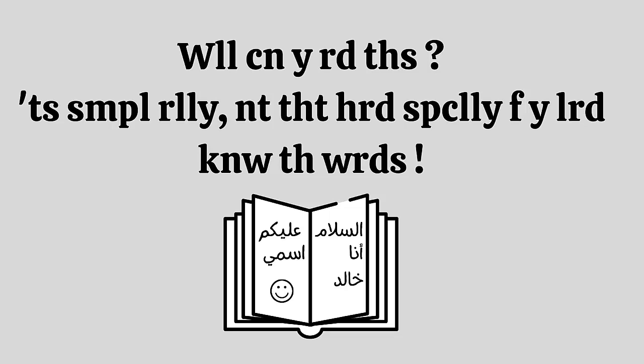And then there is Ana, which is I, Ismi, my name. So if you know how to say my name is in Arabic, then probably you would know this as well. Ana Ismi Khalid. So the boy's name is Khalid. See? It's easy. You didn't need any vowel and you read it. Perfect. Let's move on to the first tip.